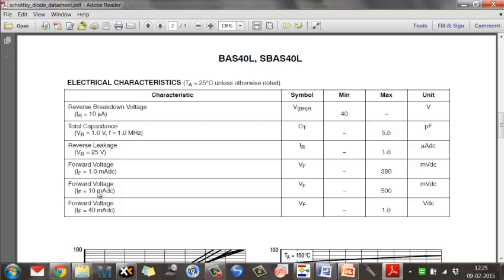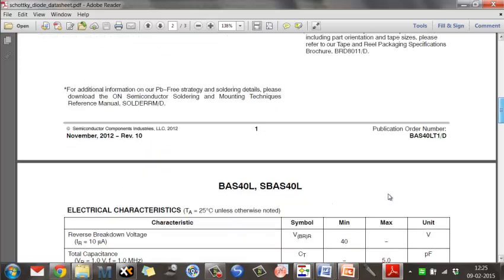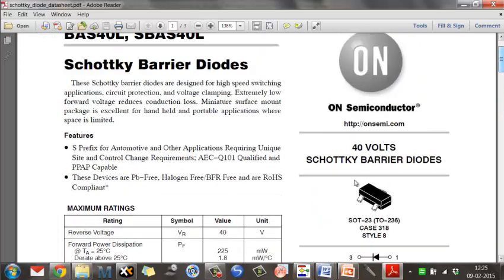And for 10 milliamperes, they get 500 millivolt, which is what we are getting, roughly 510 or so millivolt. So this is one of the characteristics of a Schottky barrier diode: for the same current, you get a much lower voltage drop. The other main characteristic, which you'll appreciate later when we do the PN junction, is that they are high-speed diodes.